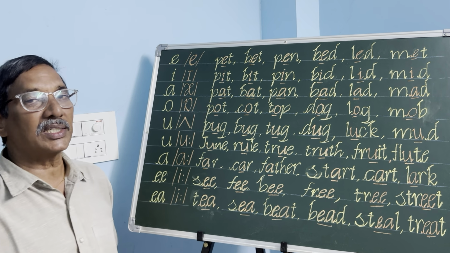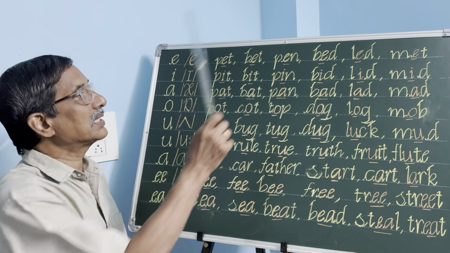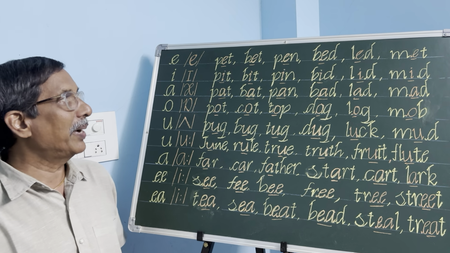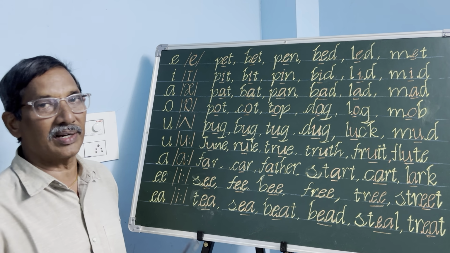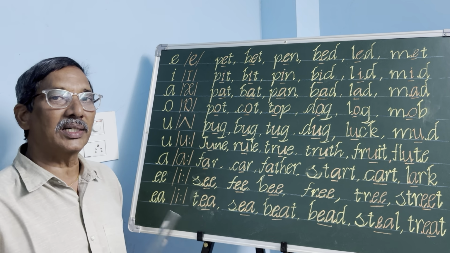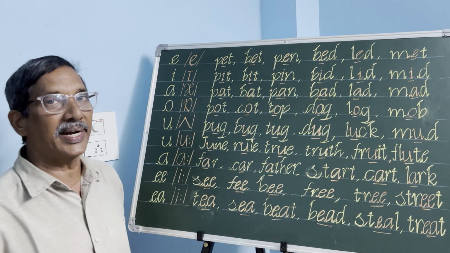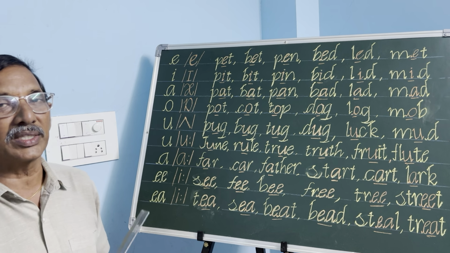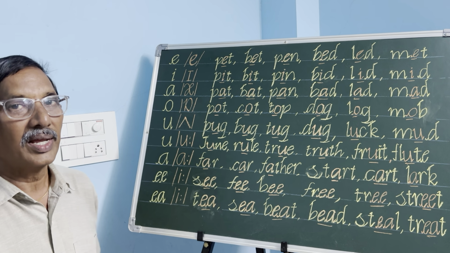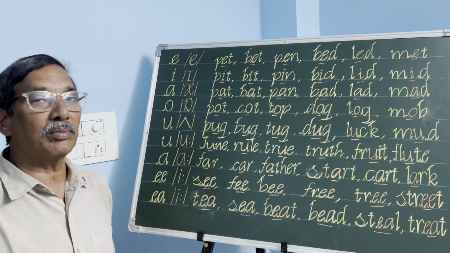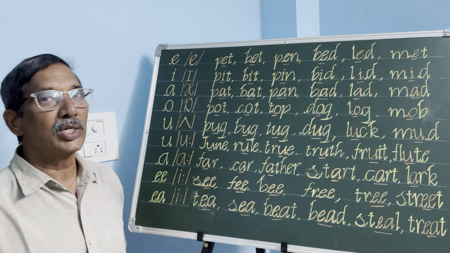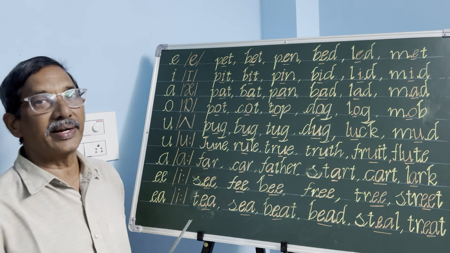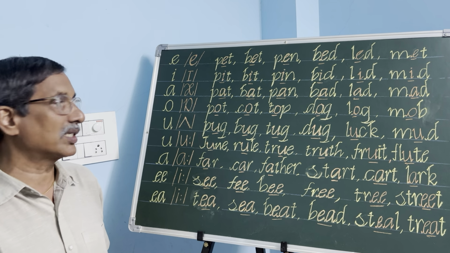So the teacher should start with these words like pet, bet, pen, bed, led, met, etc. Then the student is able to understand the relation between the sound and the letter, and the child is able to produce more words using the letter E that produces the A sound.